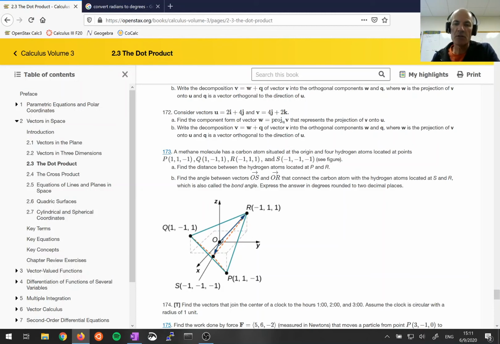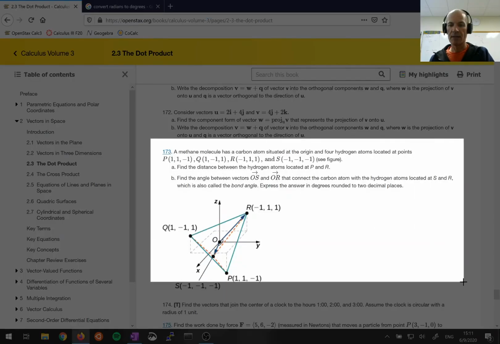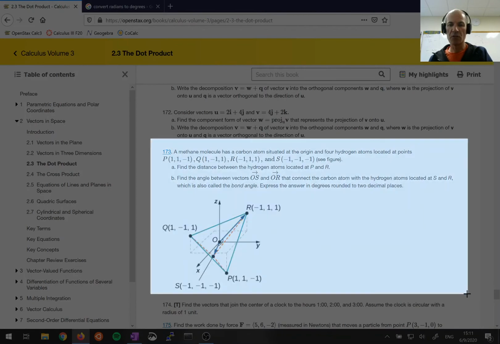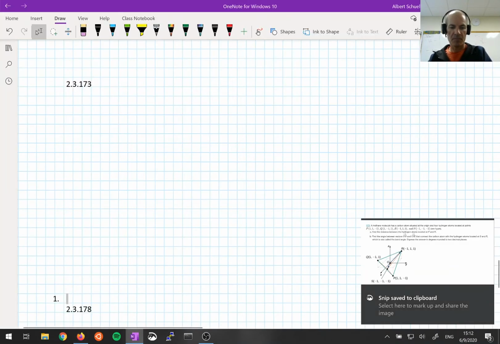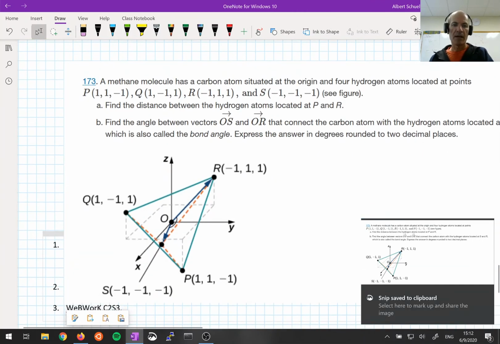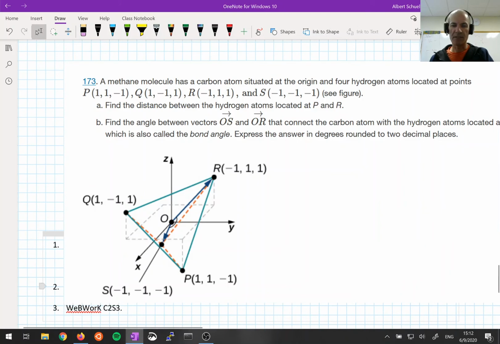These kinds of geometric questions are really important, and the dot product plays an important role. We have a methane molecule that is tetrahedral in nature.